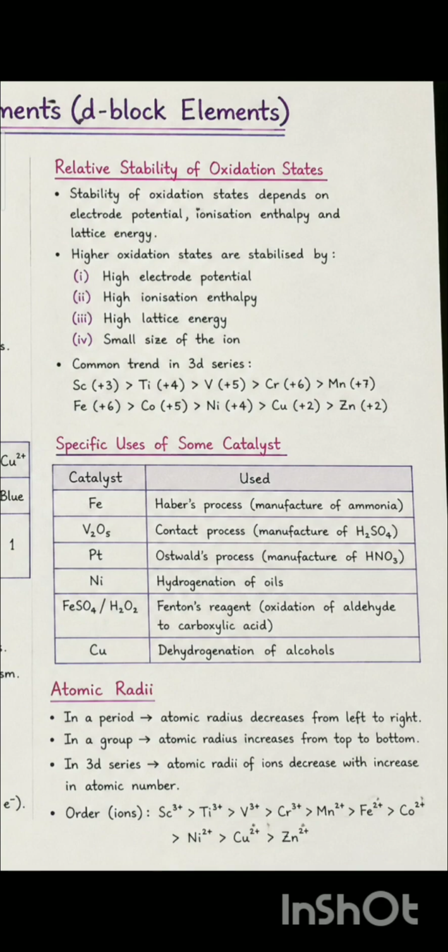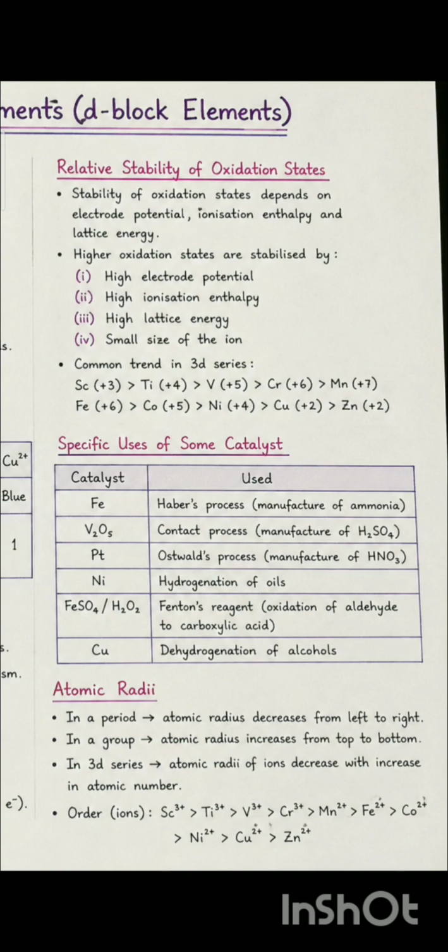FeSO4 and H2O2 form Fenton's reagent, used for oxidation of aldehydes to carboxylic acids. Copper is used in dehydrogenation of alcohols. Important to note: Fe in Haber's process, V2O5 in H2SO4 manufacture, platinum in the Ostwald process, nickel in hydrogenation, copper in dehydrogenation.